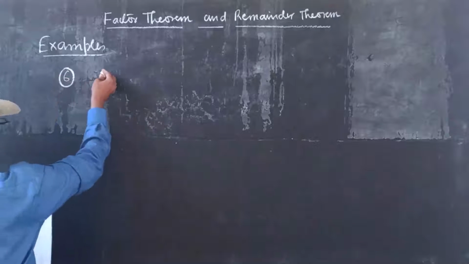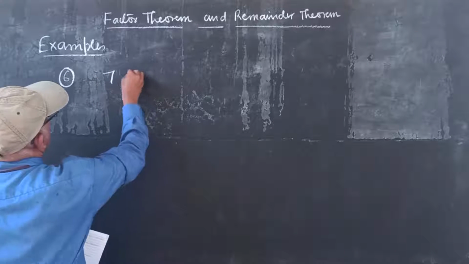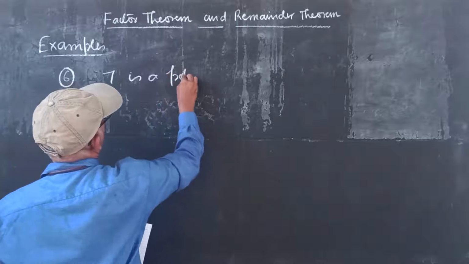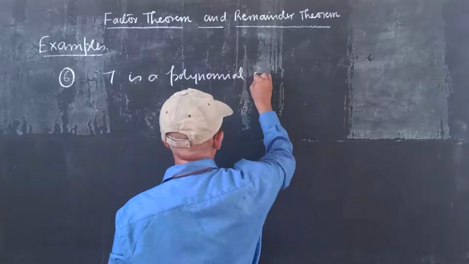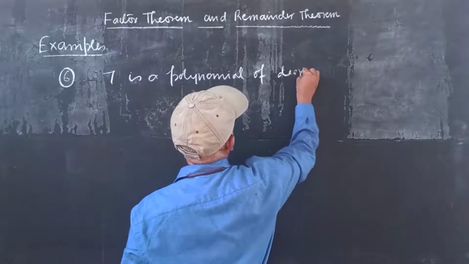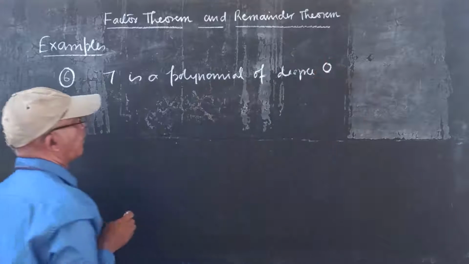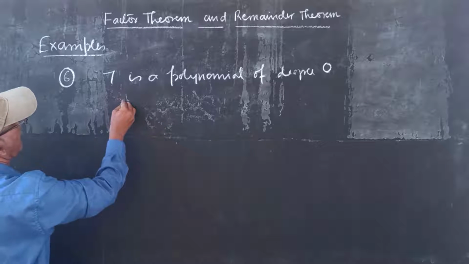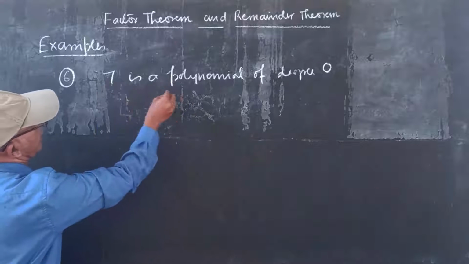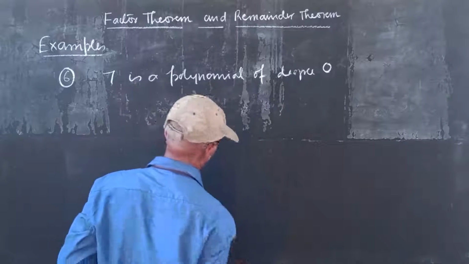That is example number 6. 7 is a polynomial of degree 0 because 7 is a constant. So we know the degree of the constant polynomial is 0.